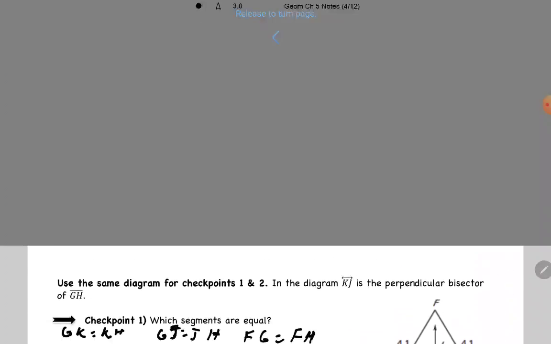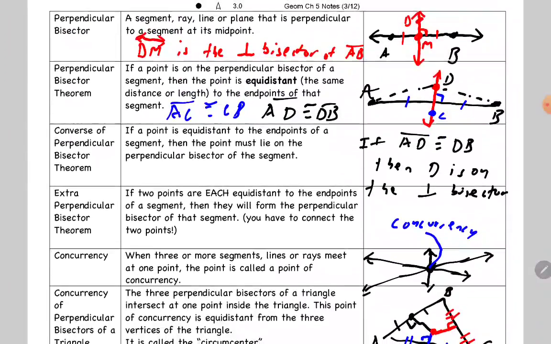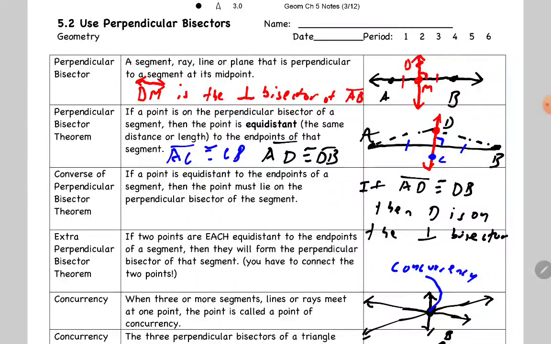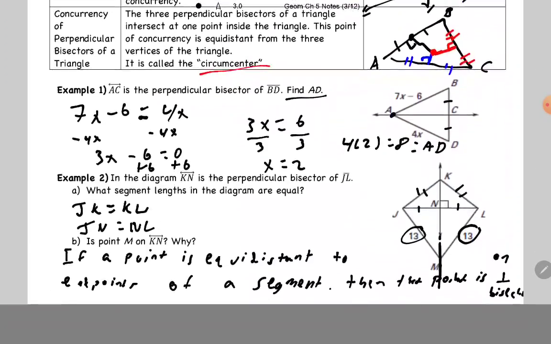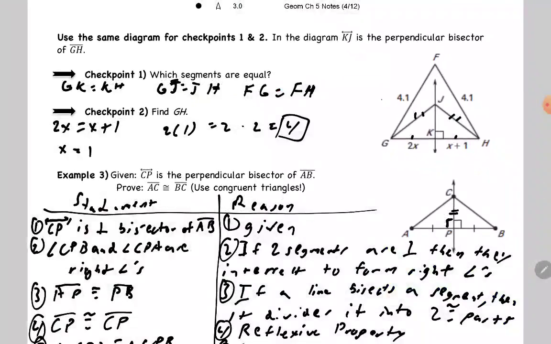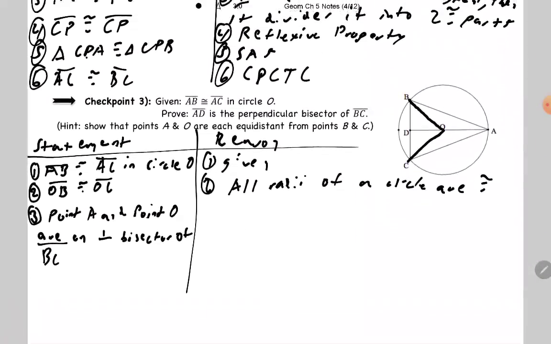It's because this upper one up here. So converse, if a point is equidistant to the endpoints of a segment, then that point must lie on the perpendicular bisector. Okay, so both point O and point A are both equidistant from B and C.